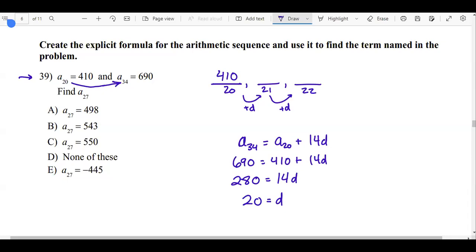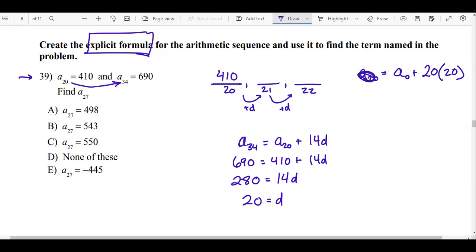All right, so there's a couple ways you can do this. It wants an explicit formula, so we could go all the way back to term 0 if we wanted to. If we are at term 20, that would be term 0 plus how many differences? 20 of them, right?